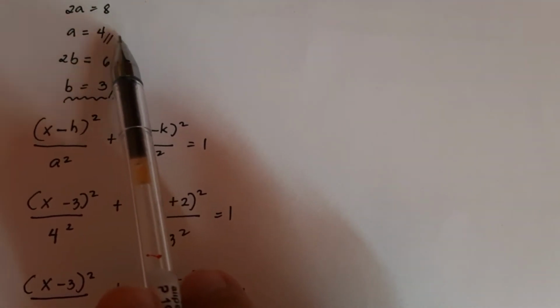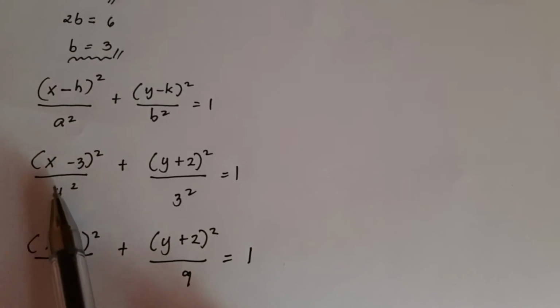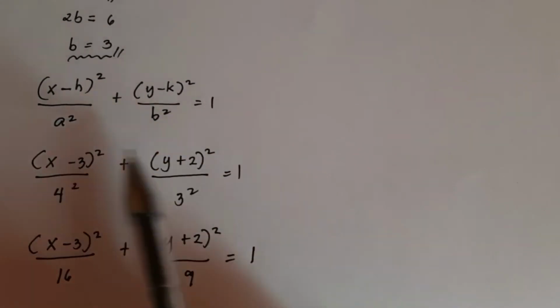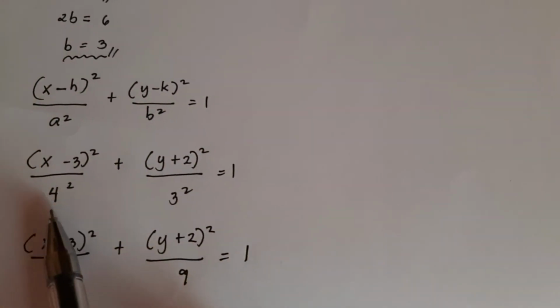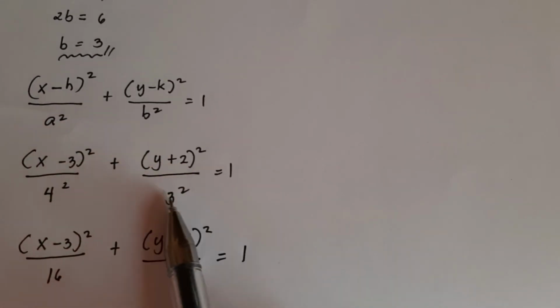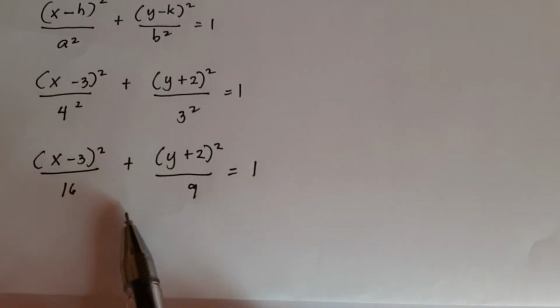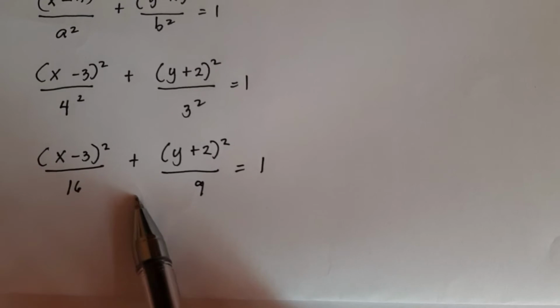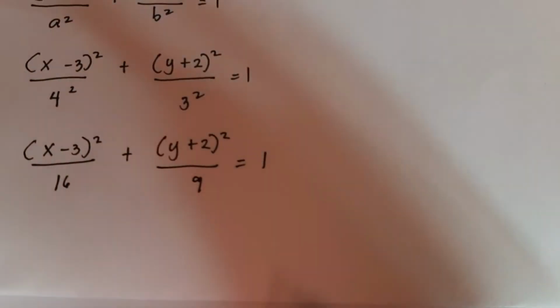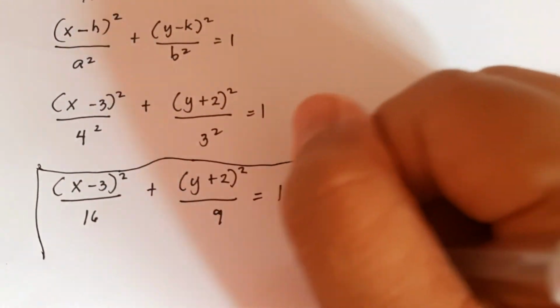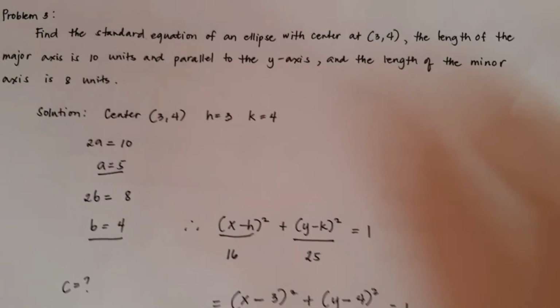So, ibig sabihin, 4 yung mas mataas, yun yung ilalagay mo dun sa may x na nakalagay, kasi x-axis yung kanyang major axis. So, magiging 4 squared tsaka 3 squared naman dito. So, therefore, this would be your standard equation. So, that would be your answer.